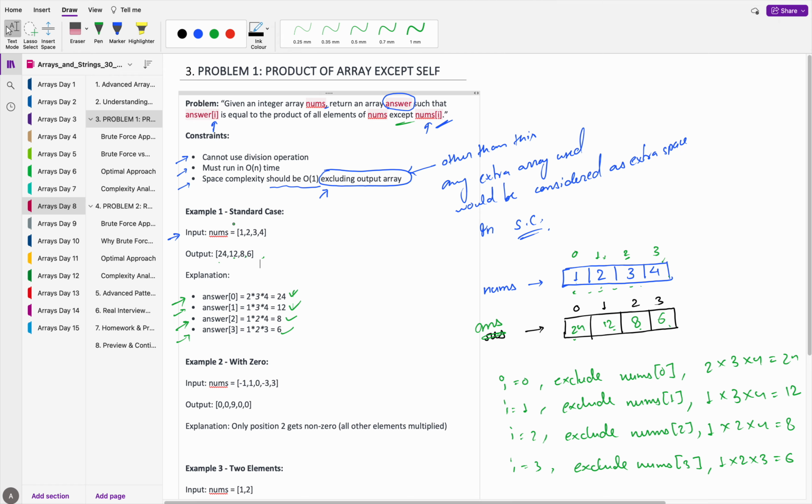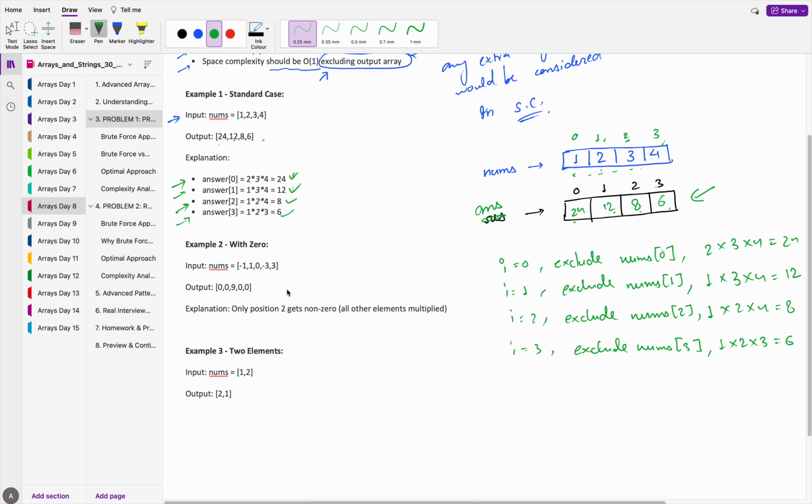Excluding this result array, you can't use any extra space to reach the solution. Now just take 10 seconds, think about it, and write in the comments what approach you would like to go with. Meanwhile, I will show you the different examples which are given here.